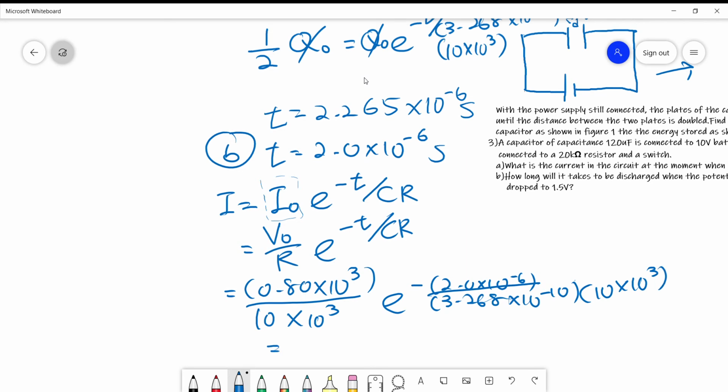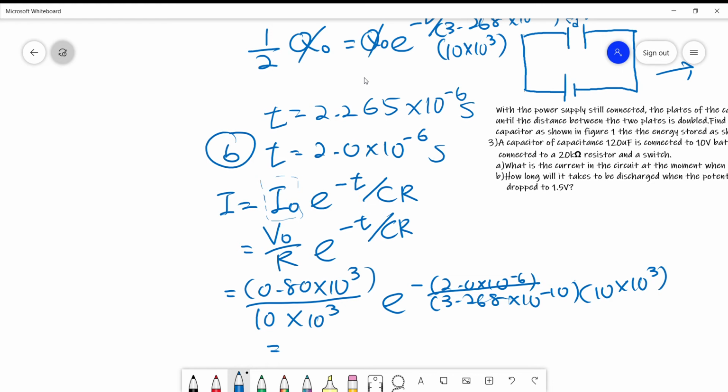Okay, so what will be our value? 0.8 times 10 to the power of 3. So 10 times 10 to the power of 3 multiplied by the exponential negative 2 times 10 to the power negative 6, divided by 3.268 times 10 to the power negative 10 times 10 times 10 to the power of 3.